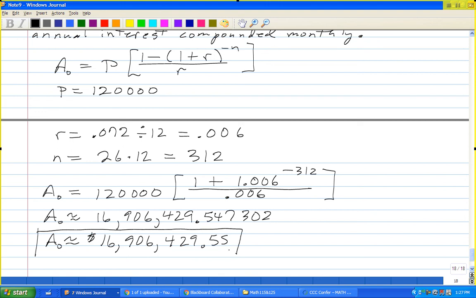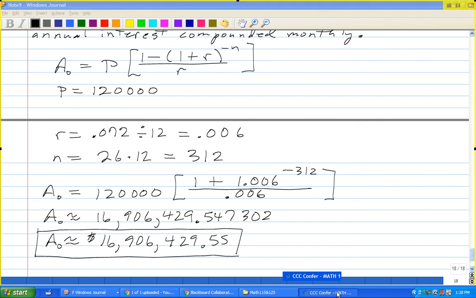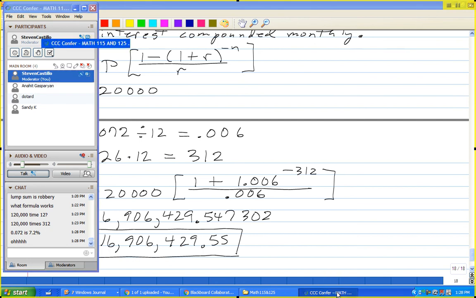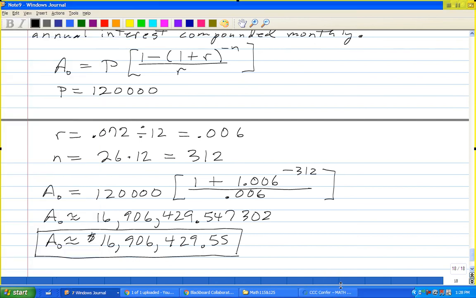So you should put in almost $17 million into this account. You're then able to take out $120,000 every month, and you'll still have money for the next 26 years. Okay, and so that's the amount of money they need to put in so that they can fund this.